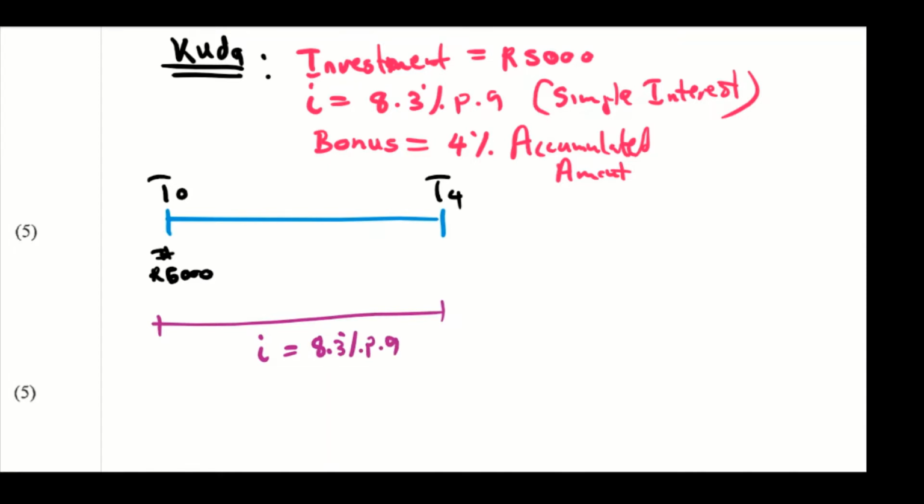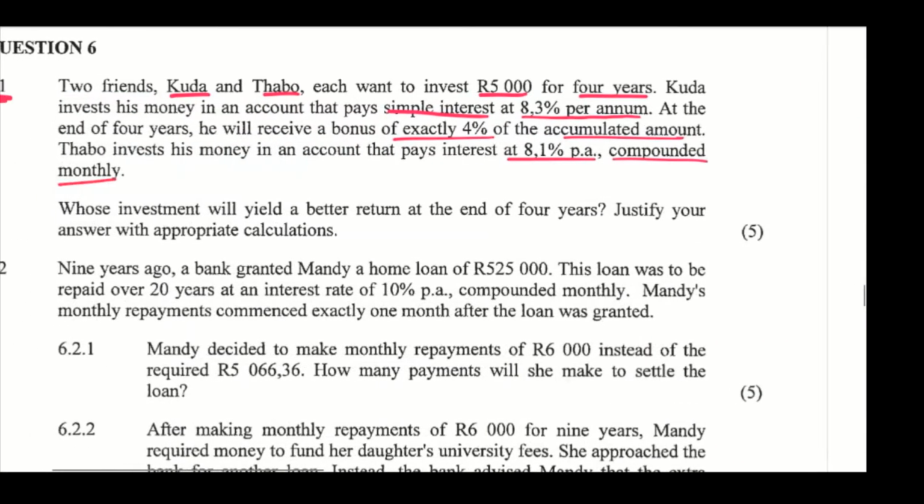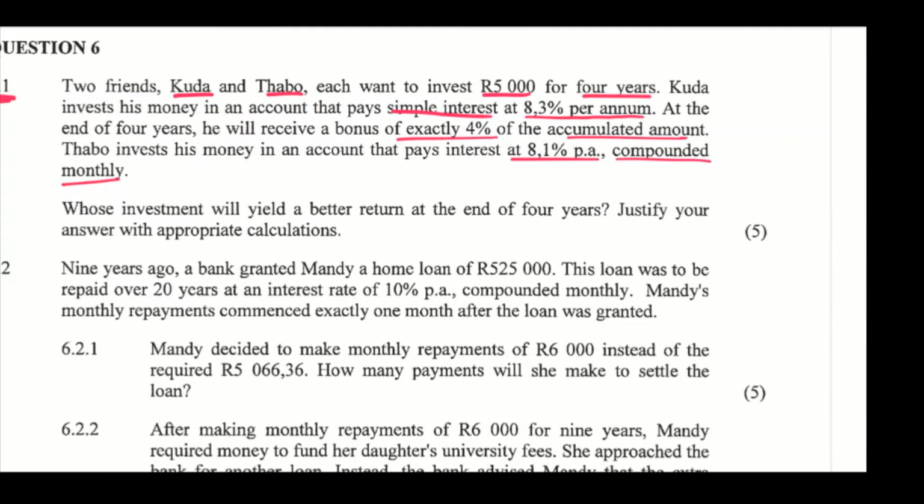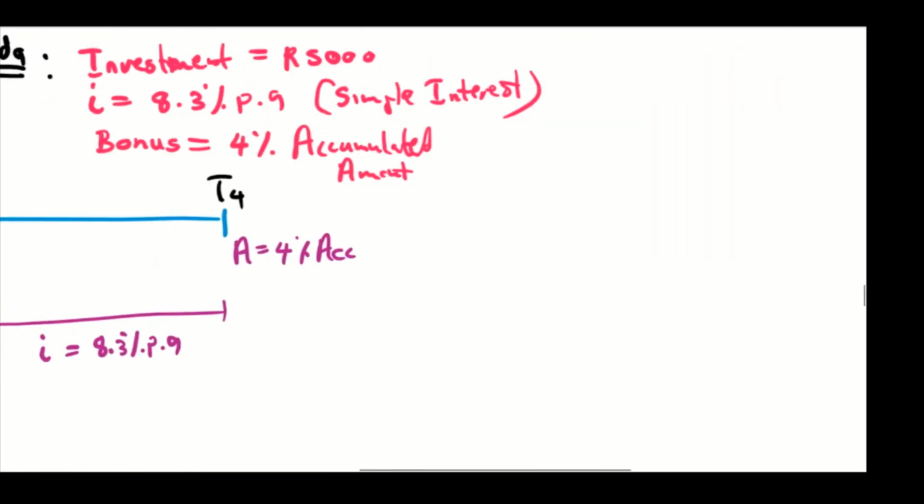So the accumulated amount that we're going to find here has a bonus of 4% of the accumulated. Because the question says that we need to know which investment yields a better return, what we're going to do is this.